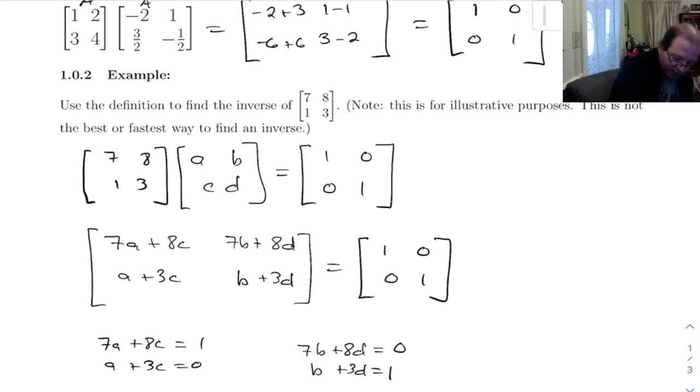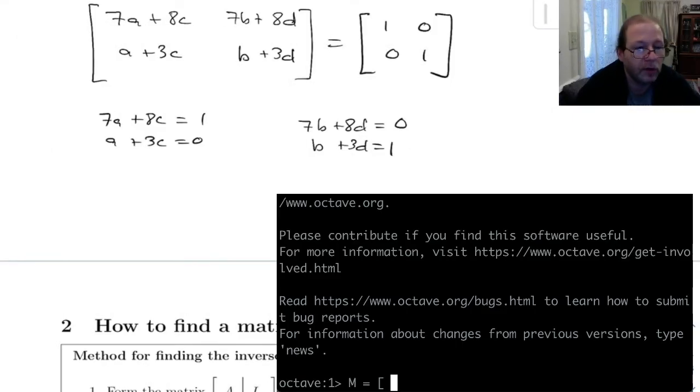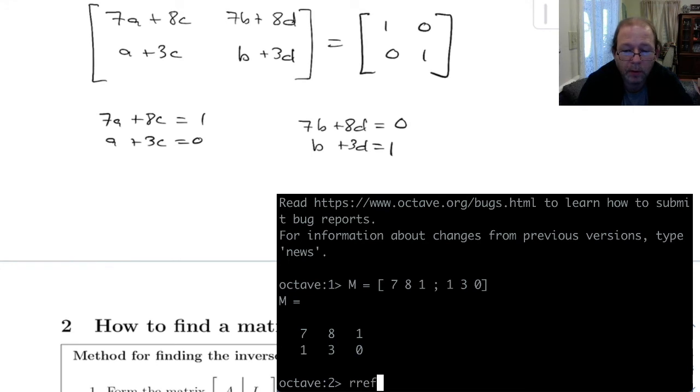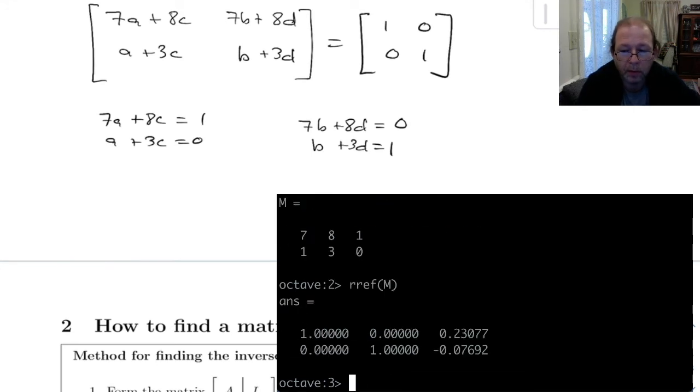And I'm going to solve this using Octave. M equals 7, 8, 1, 3, 0. Gives me that. That's kind of ugly.